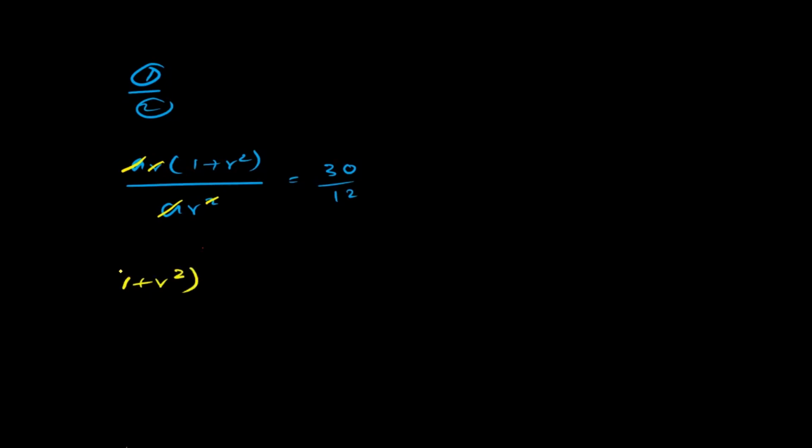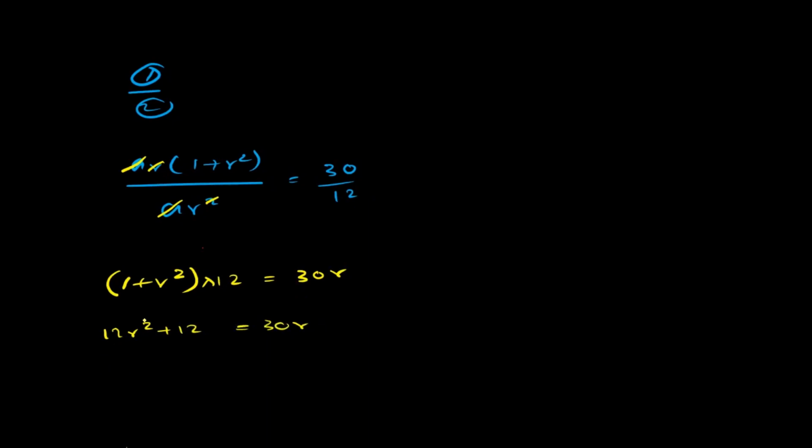This one I can multiply with the 12. I'm doing the cross multiplication. Here 30 into R. Remove the brackets. You will get 12R square plus 12 equals 30R. Take this 30R to the other side.